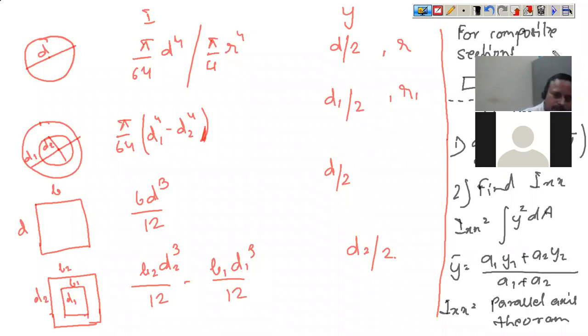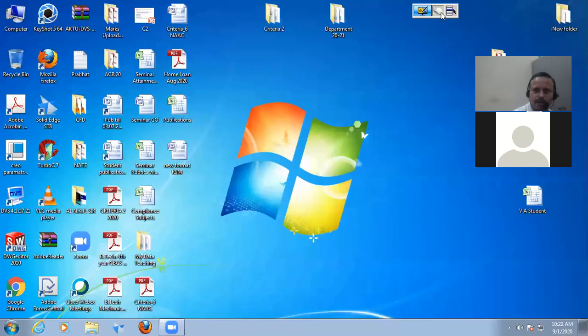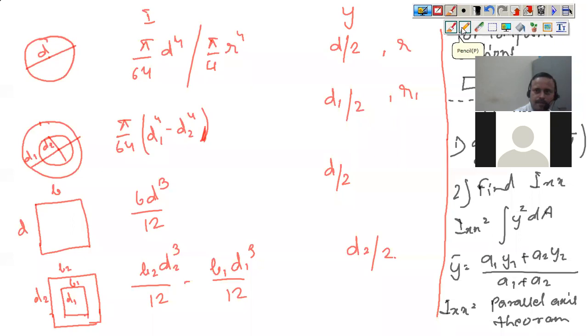So both you need to find out, and depending upon their values, you will calculate which one is maximum and which one is minimum. Okay, so this is how you calculate the values of I and y.